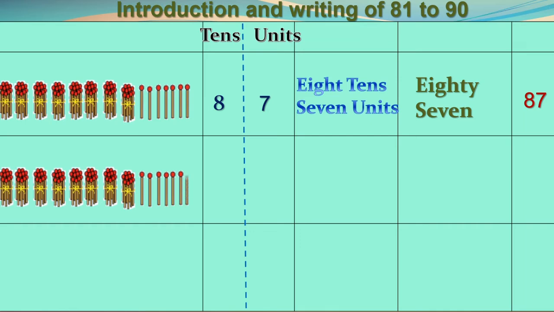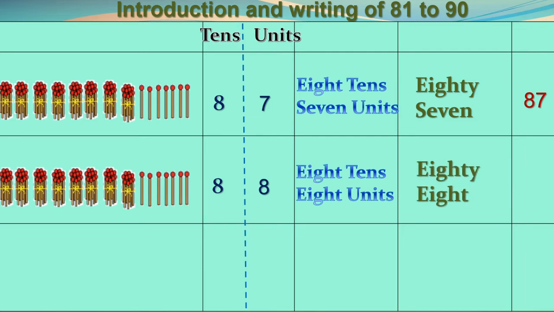Let us add one more to this one. So we got 8 tens and nice 8 units. Okay? And the number formed is, right, 88. Our number is 80 and 8.